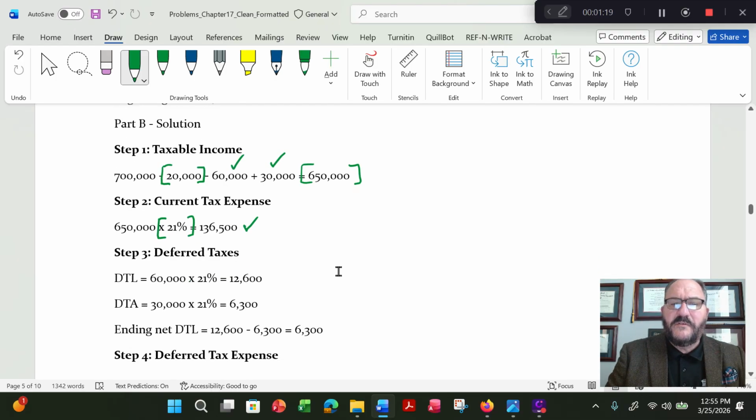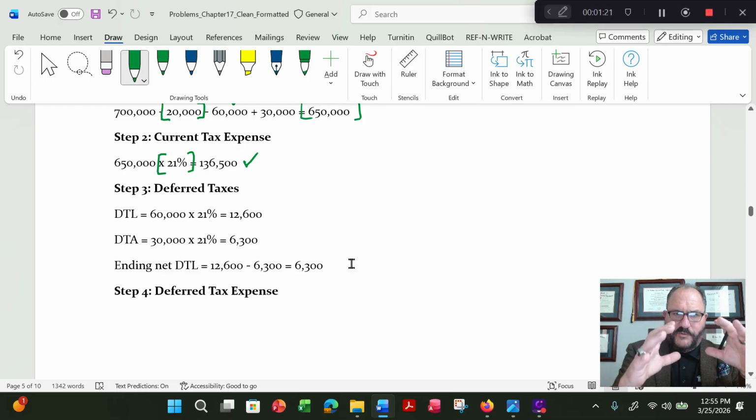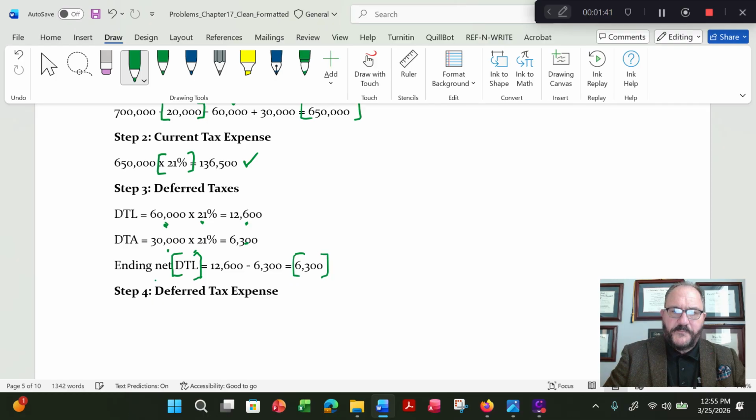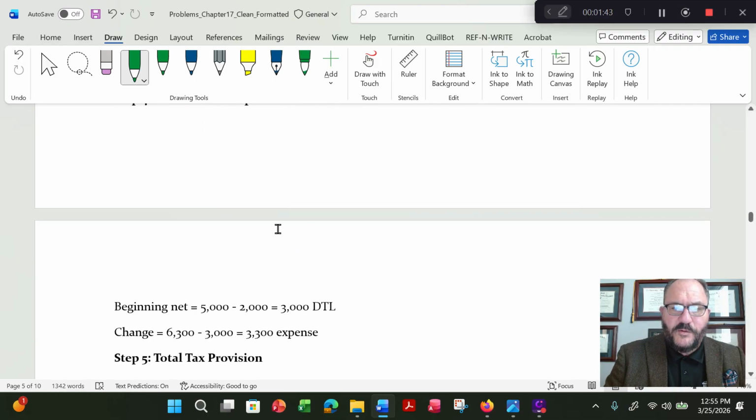Now let's take a look at our deferred taxes that are currently happening. We have a deferred tax liability of 60,000 times 21%, which is 12,600. 30,000 times 21% is 6,300. So we had a net deferred tax liability of 6,300. Now let's take a look.